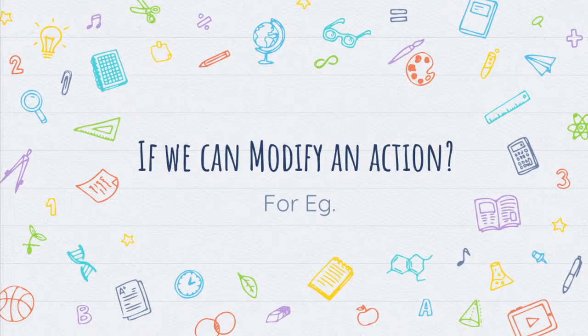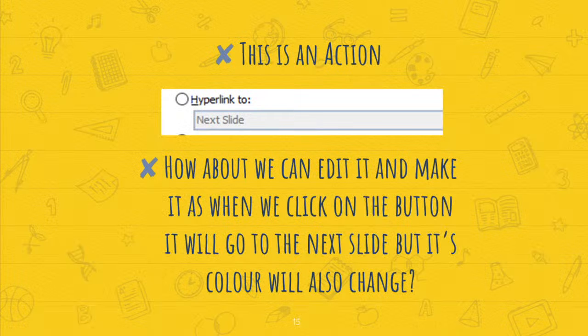Okay, now come, let's go to our next slide. Now, I can give many examples, but I'll give you a small example, right? See, this is an action: hyperlink to next slide. Hyperlink, everyone should know. This is the easiest term that you might know since you started using PowerPoint.